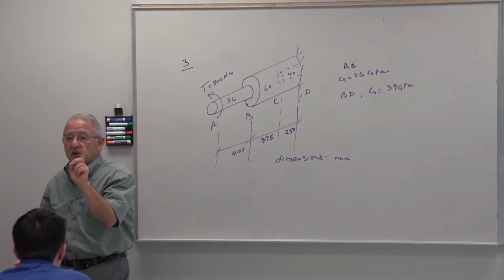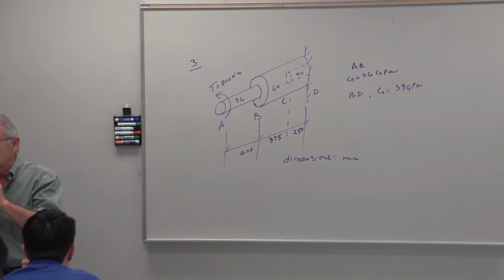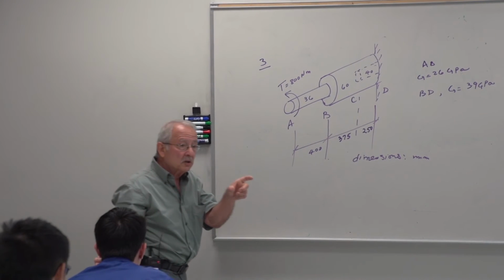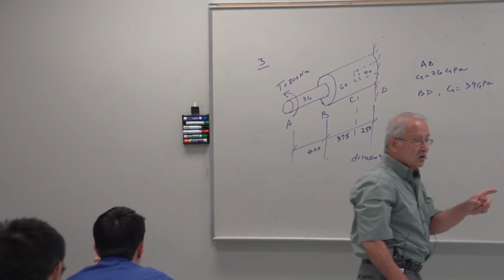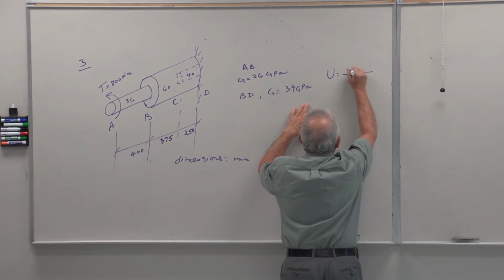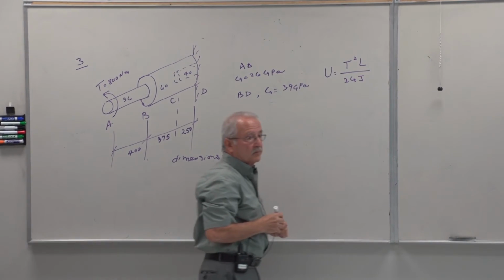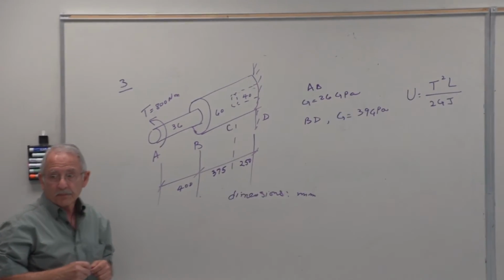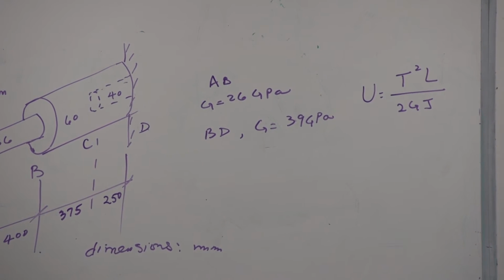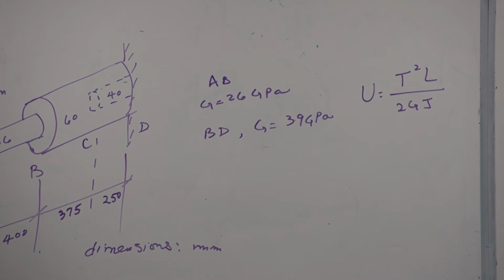For each piece, the torque is constant and the cross-sectional area is constant. Therefore, we can use this equation for each piece. Of course, the value of J will have to be found for that particular piece, and so for the value of G.